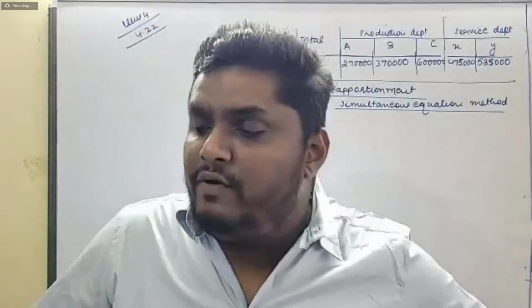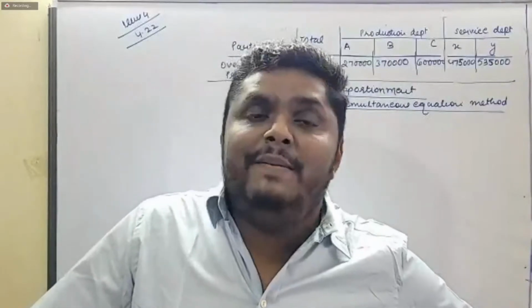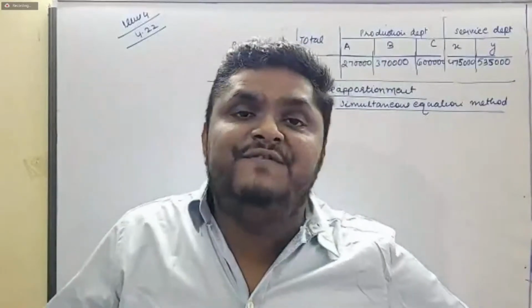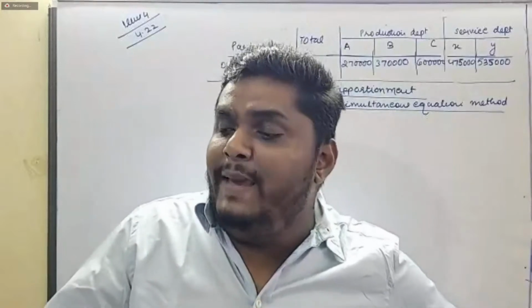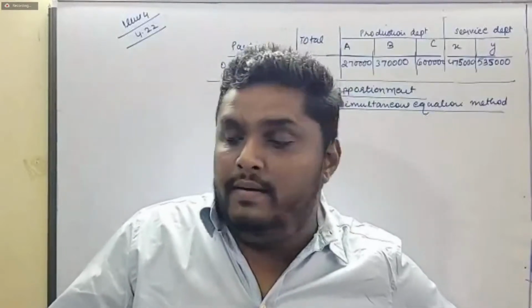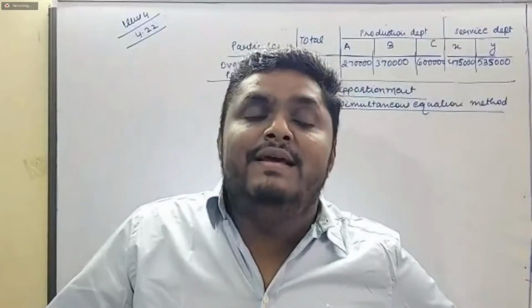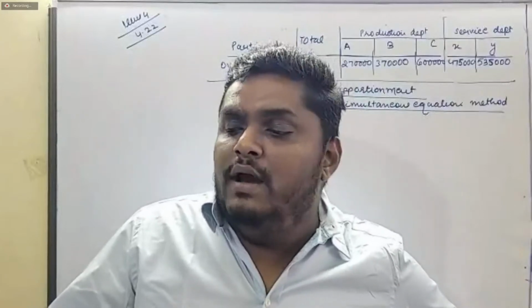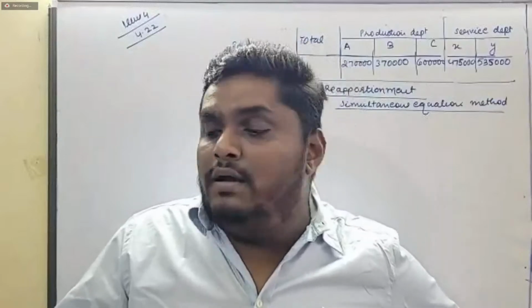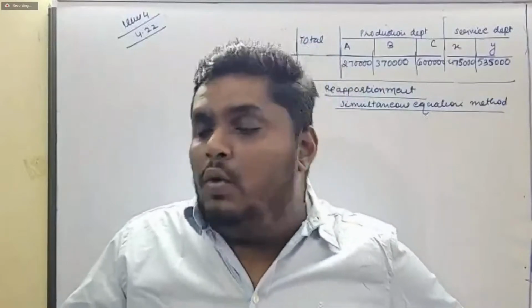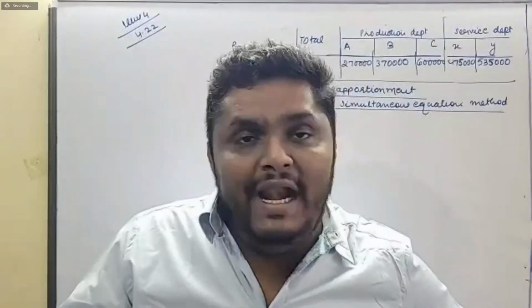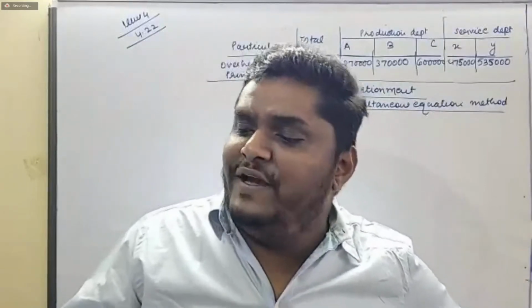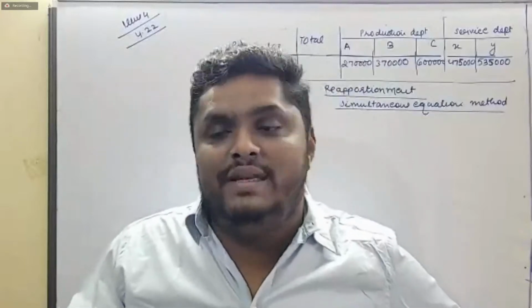herein it is given in the question that the overheads of service department X are to be distributed to A, B, C, and Y. I repeat again, the service department X overheads are to be distributed among A, B, C and Y in the ratio of 45:15:30:10.